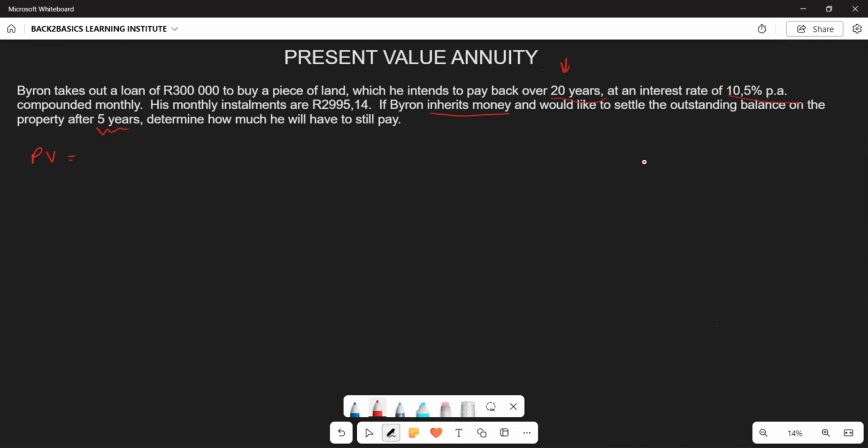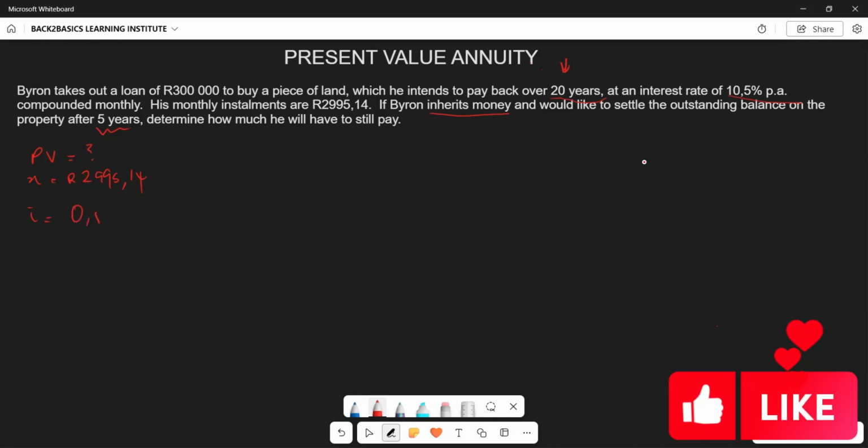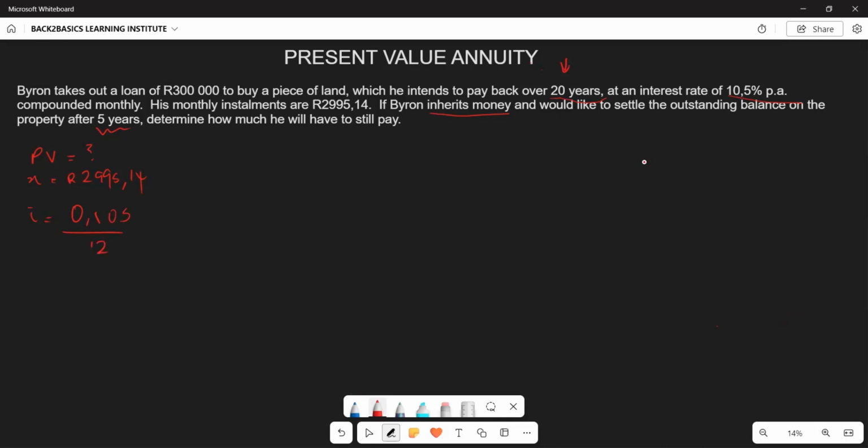We have the value of x, which is 2,995.14. We also have the interest rate, which is 0.105 over 12, because this is compounded monthly.